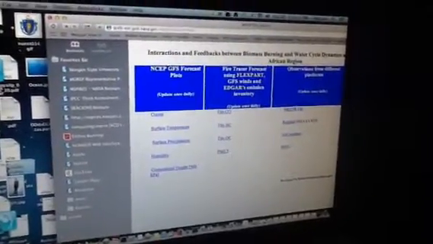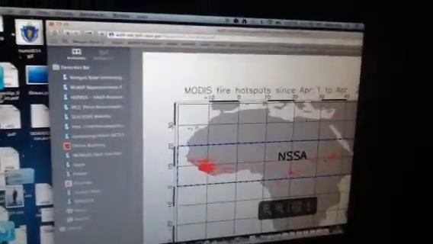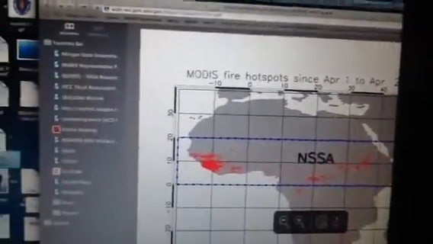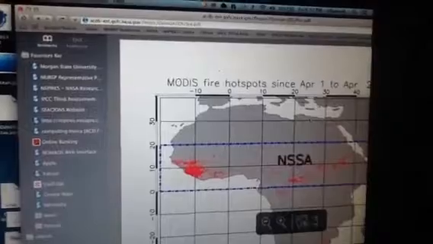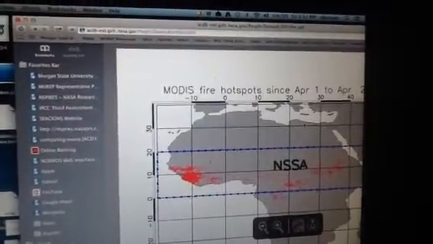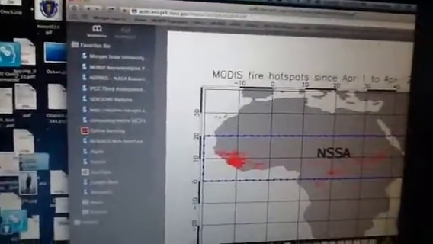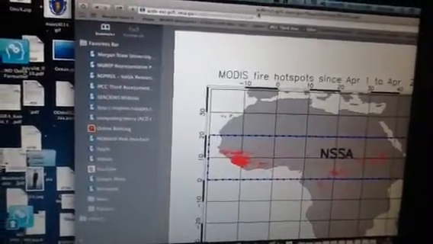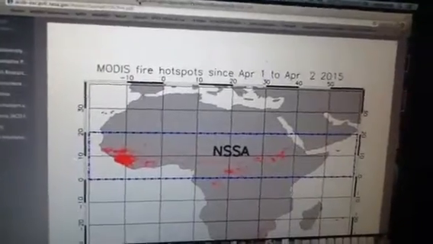Let's say, for instance, if I click on the fires, this is what it shows. What you see here are the fires in Africa as at yesterday, which is April 2nd. Let me just try to get this in a clearer way.